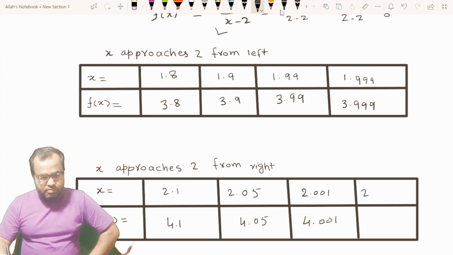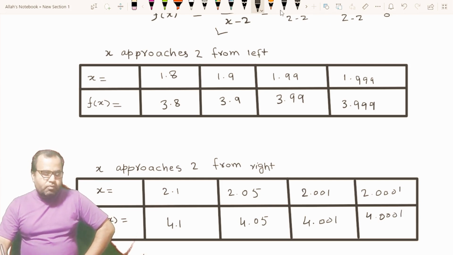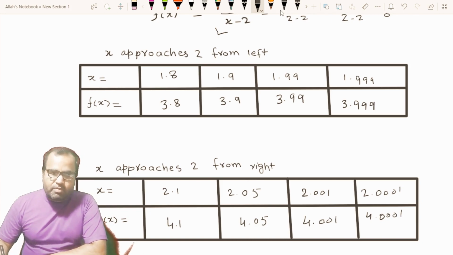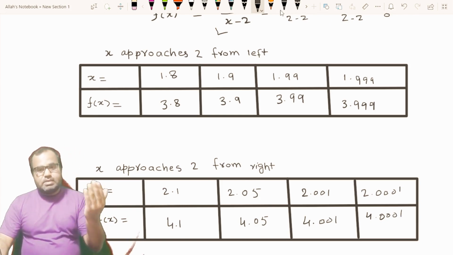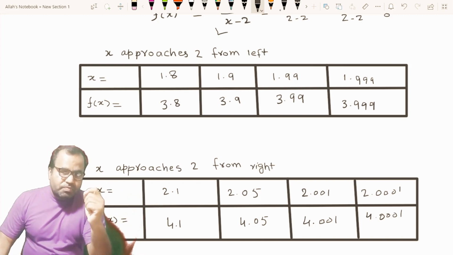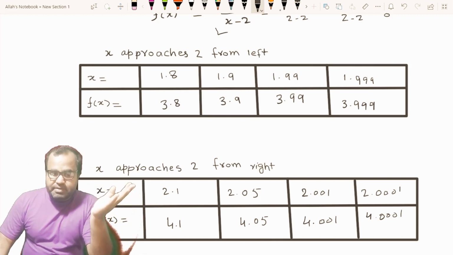And when we put the value 2.001, we get the answer 4.001. So we are putting values in the given function from the left side and from the right side of x equals 2. But when we put the value x equals 2, the function is undefined.